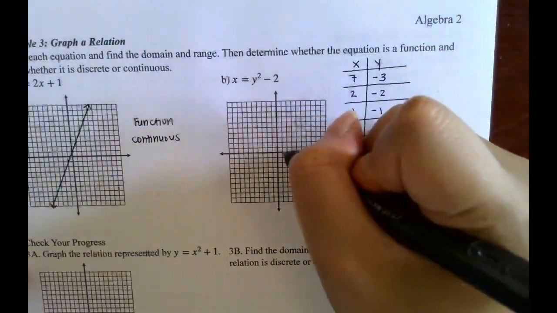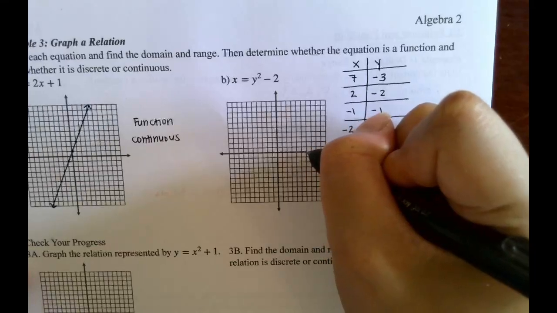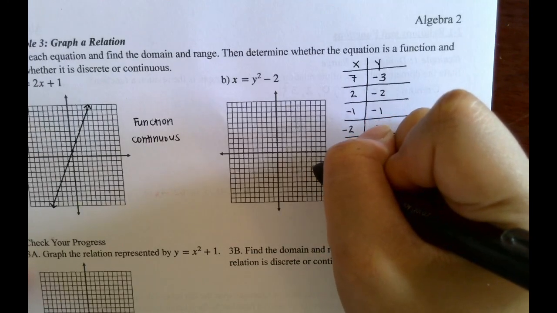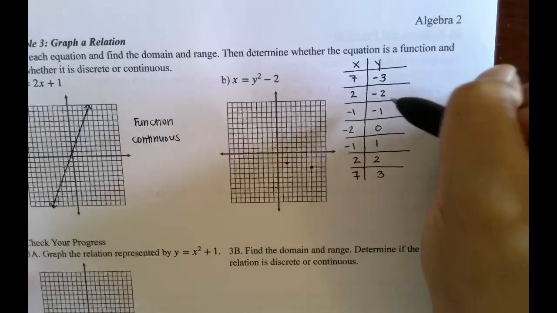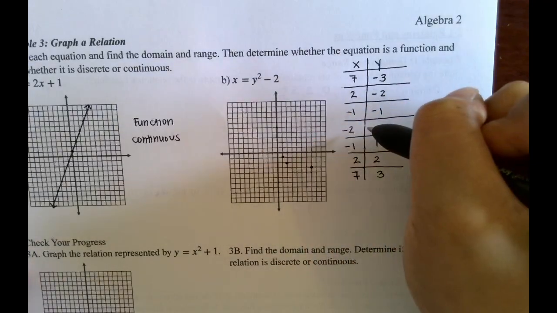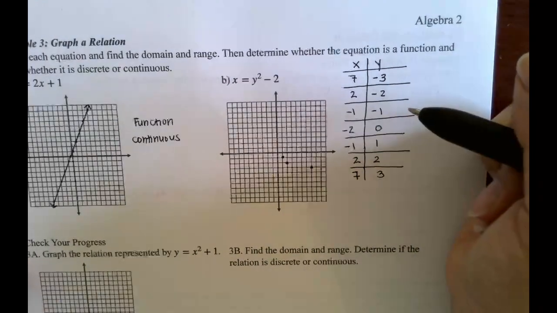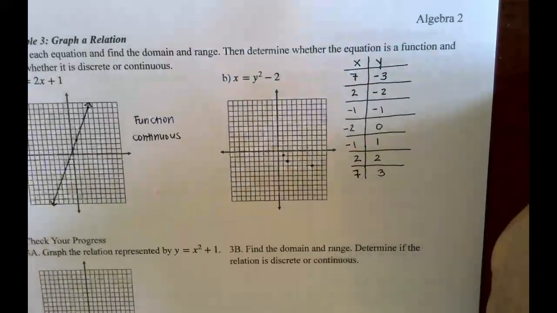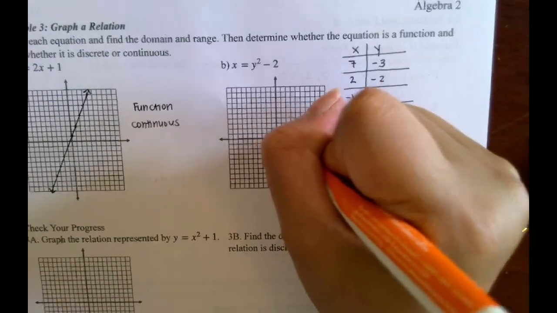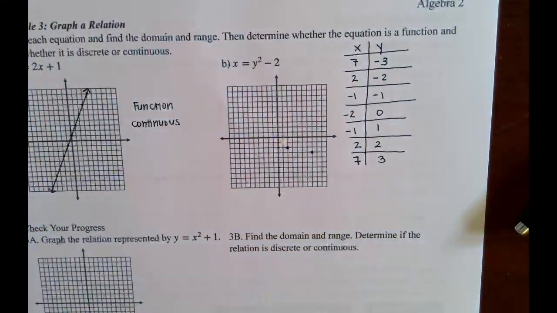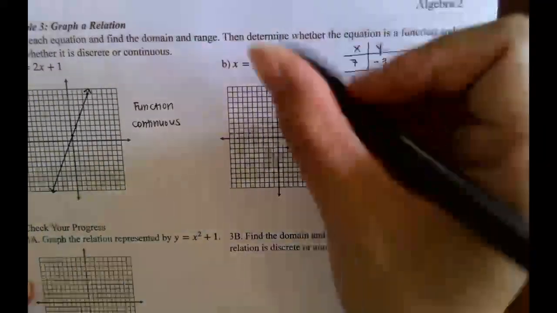So 7, -3. Okay. 2, -2. -1, -1. Oh, do I know how to graph? Clearly not. This is not a point. Sorry. -1, -1 should be here.